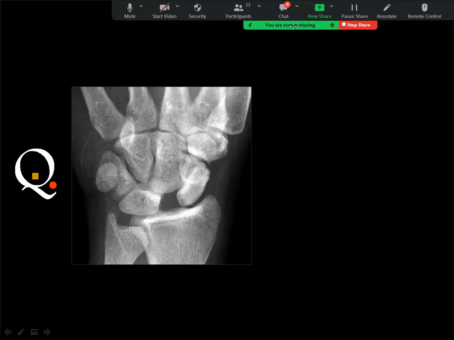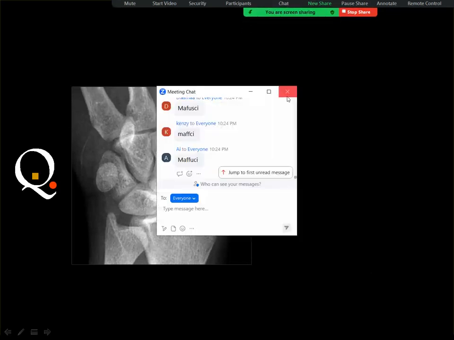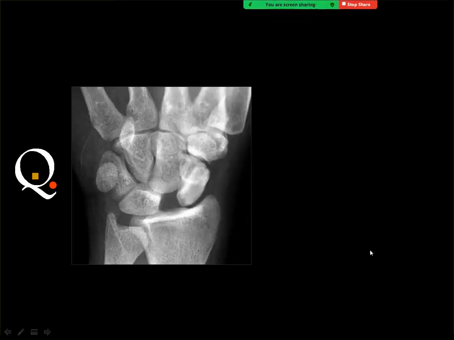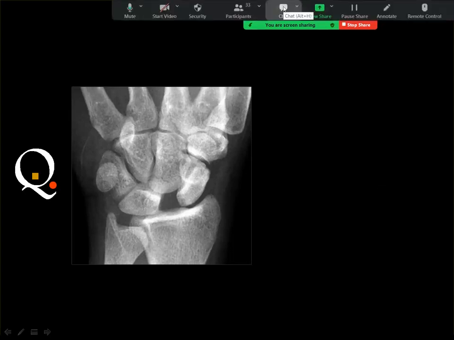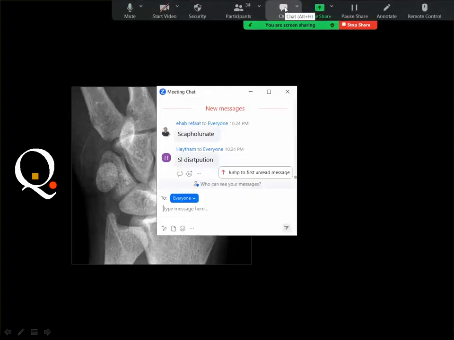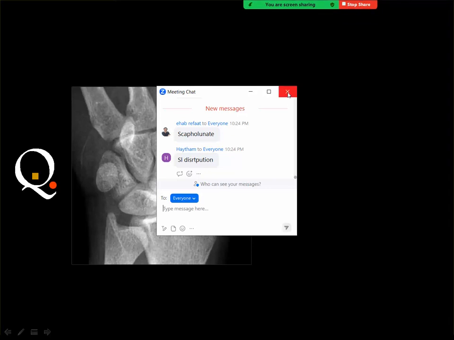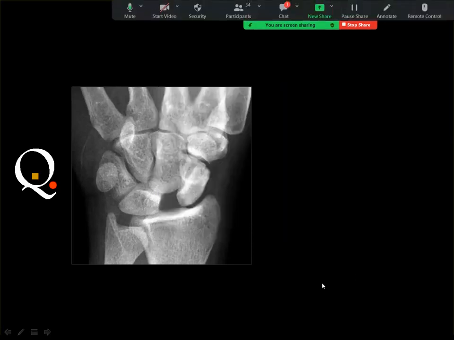And this is an X-ray of the wrist joint. Yes, scapholunate disruption. You see that the distance or the scapholunate interval is markedly wide, and this means that the ligament in between is torn.